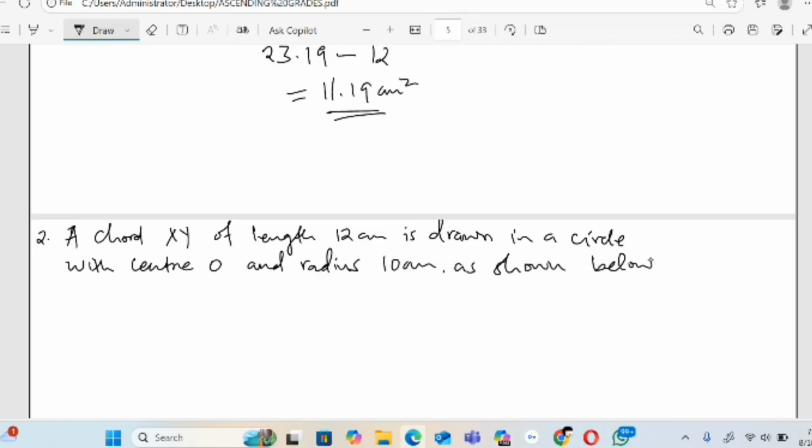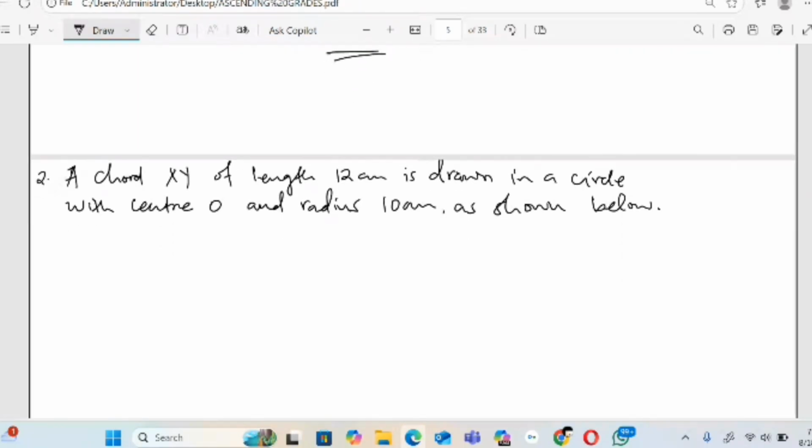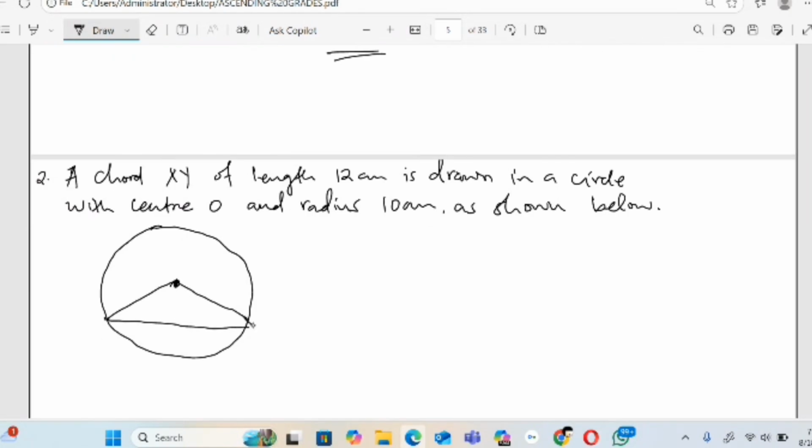So this is how it looks like. So we have this. Now this is 12 centimeters, the whole of it. Then radius 10 centimeters.